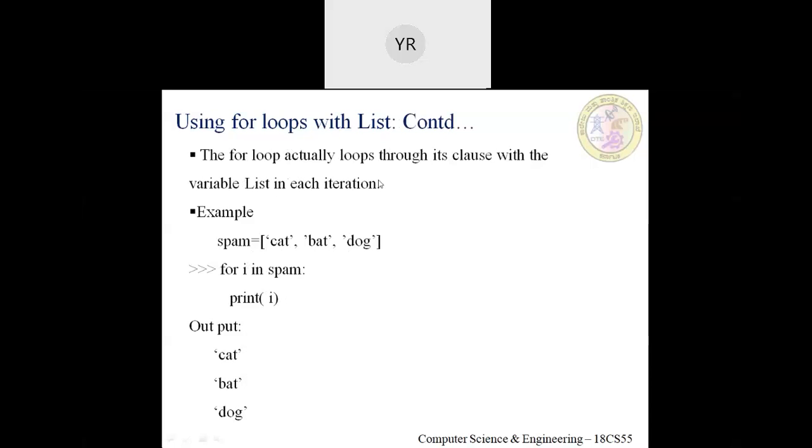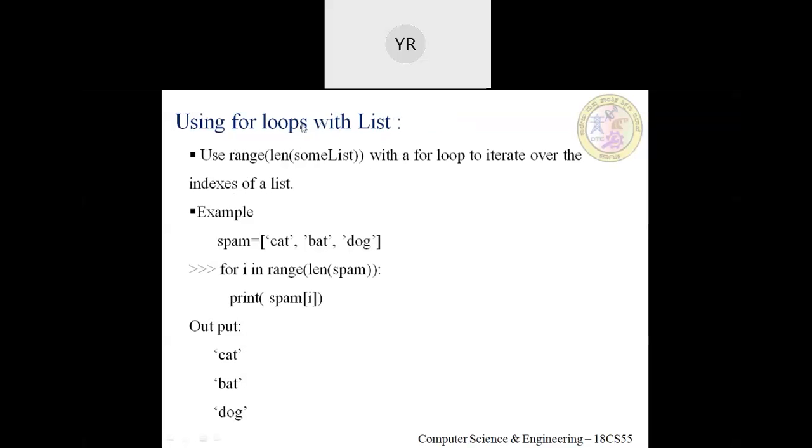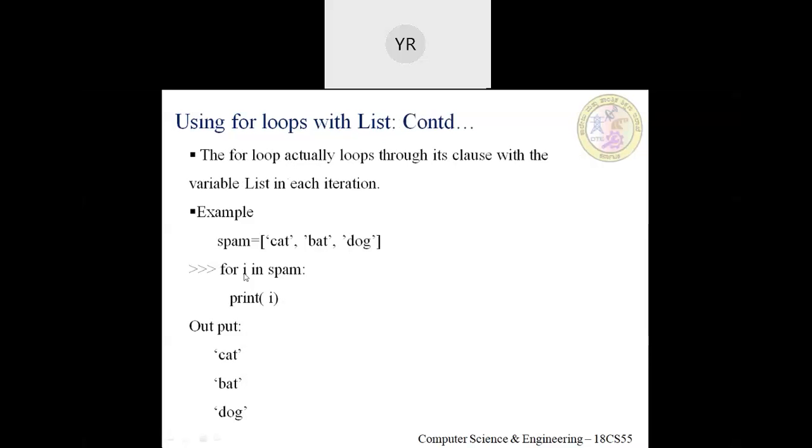The for loop actually loops through its clause with the variable set to the list item in each iteration. In the previous example, we studied how with the range function we can iteratively access the data. Here i represents the index. We have another method to access the data, that is for i in spam.